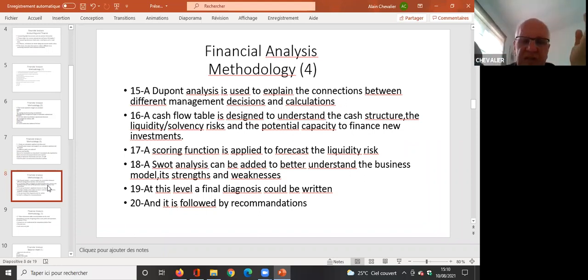We call these approaches scoring functions or scoring methods. They are based on past analysis, and past analysis are used to structure, to design a function which gives you a kind of measure of the liquidity or solvency risk of a firm you analyze.